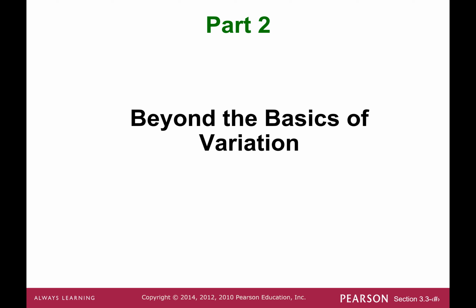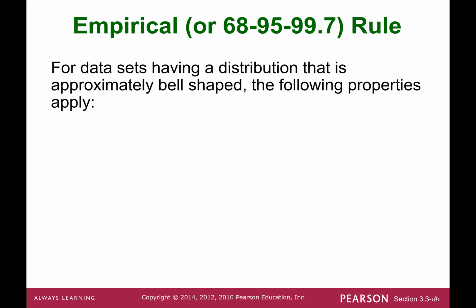Now let's take a look at some other concepts with respect to variation. We have the empirical rules, 68%, 95%, 99.7%, three different values.